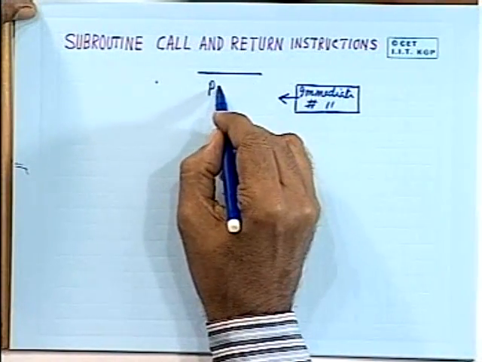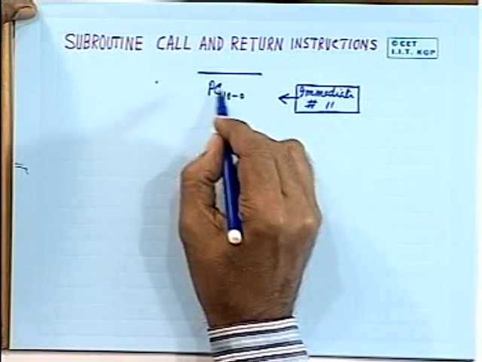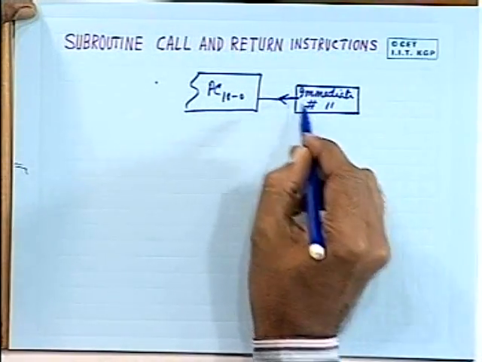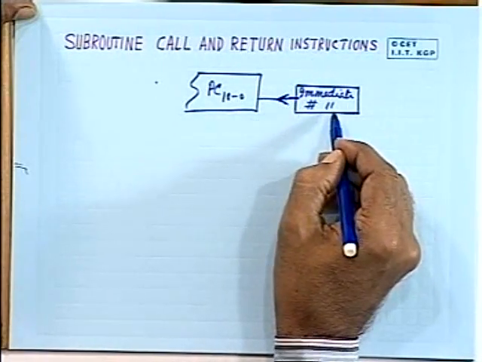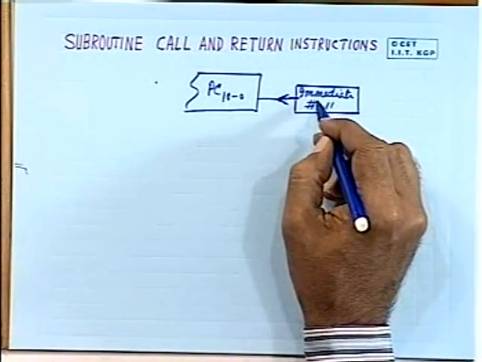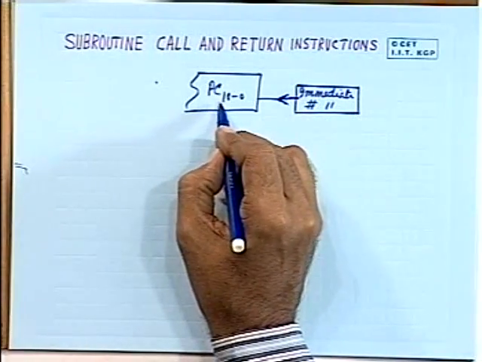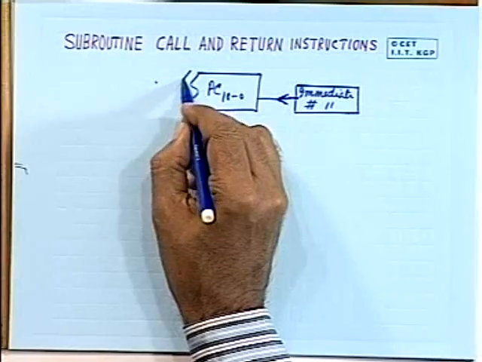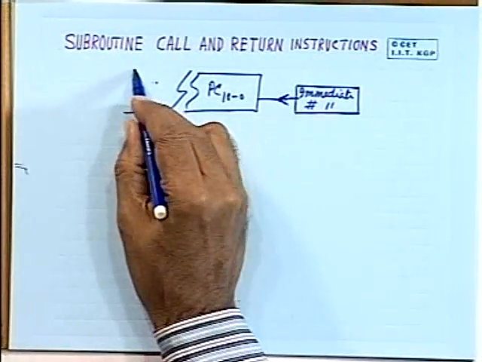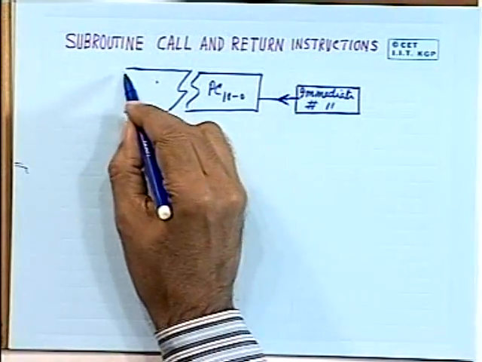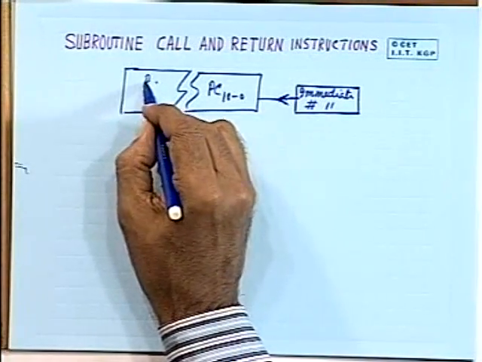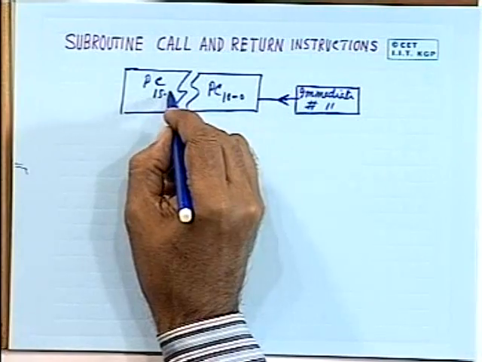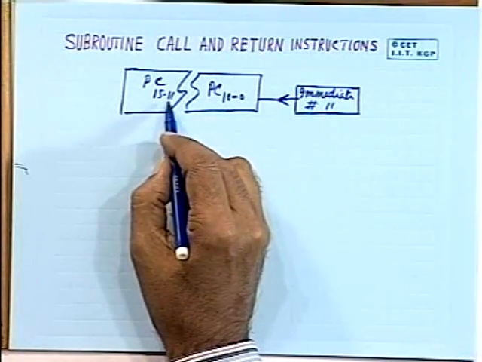PC 10 to 0 will hold this immediate data, which is provided as part of the instruction, that is bits 0 to 10 of the program counter. The other 5 bits are not affected and remain as they are. That means PC 15 to 11 are not affected.